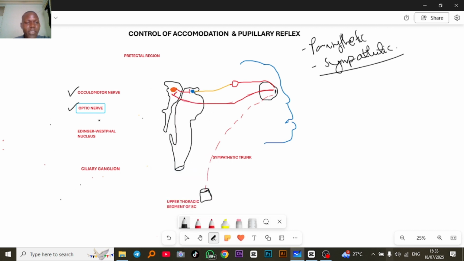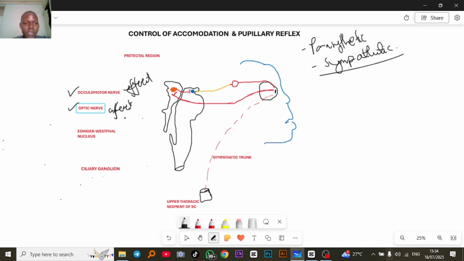We have the afferent, which will be provided by the optic nerve. For example, if too much light has entered your eye, that information will be carried by the optic nerve to the brain, telling it that there is so much light coming in, and someone has to deliver back the information, which now involves the control: do this to the pupil. That's what we call the efferent division.